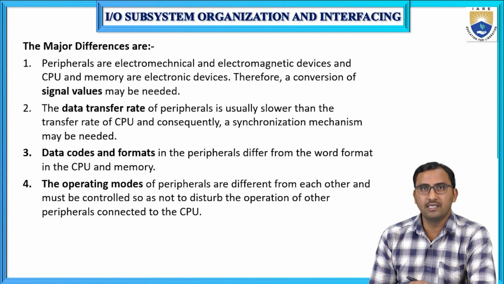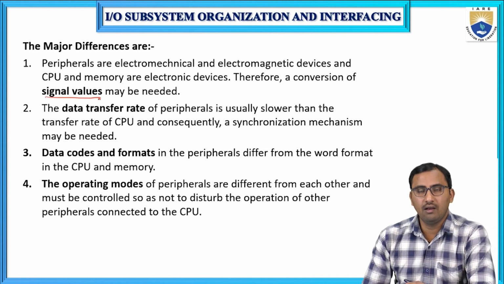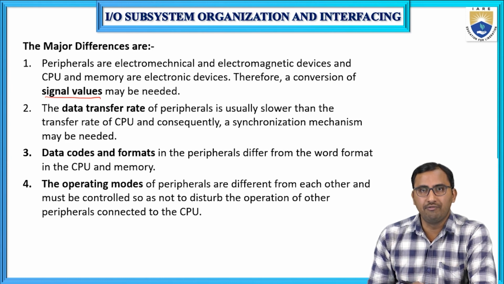The first difference is the signal values. The peripheral devices are electromechanical and electromagnetic devices, whereas the CPU is an electronic device. So the signal values are different.